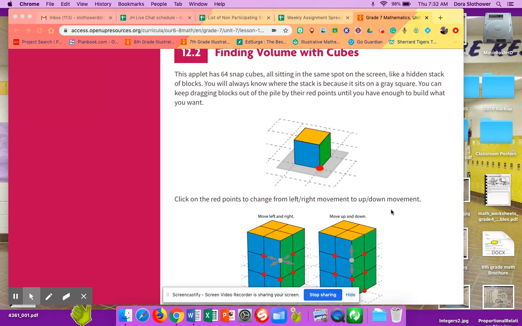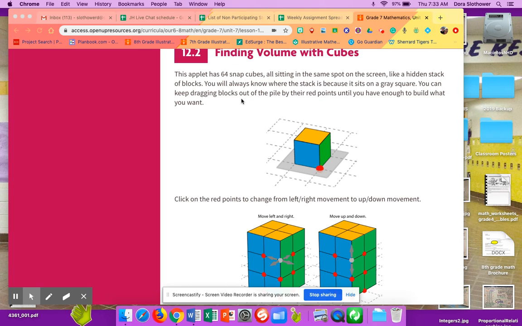Now, the directions on here are going to look slightly different than the directions on yours. It explains the applet. This applet has 64 snap cubes, all sitting in the same spot on the screen, like a hidden stack of blocks. You will always know where the stack is because it sits on a gray square.